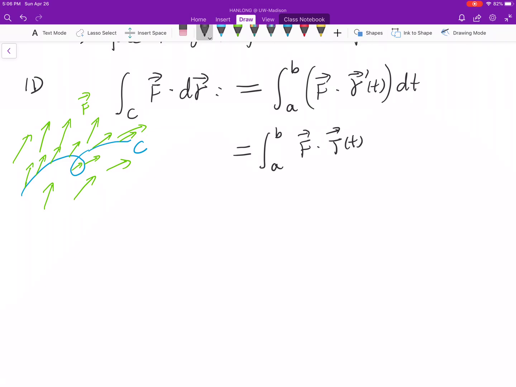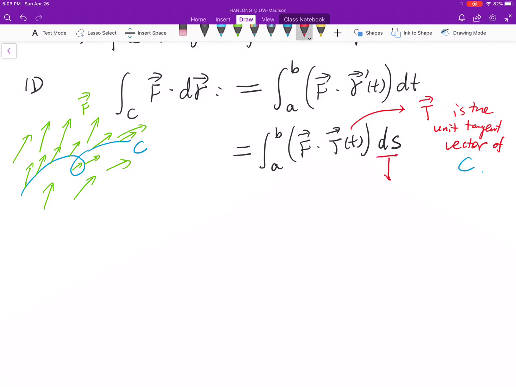I'll explain what T and ds are. So here, tangent T is a unit tangent vector of curve C. And then here ds is just the usual arc length.